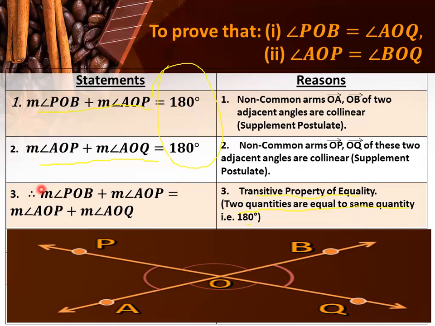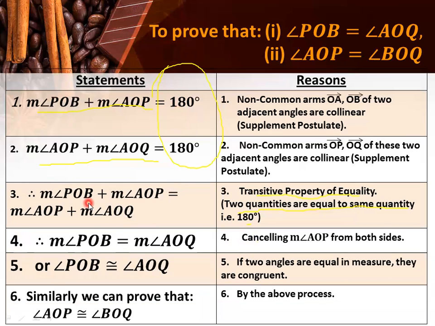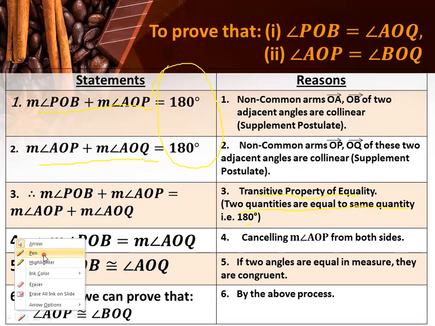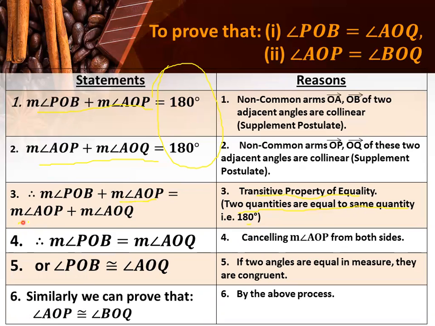Now, as you can see in this statement, let's consider this AOP and AOP. This is the left side of the equation and this is the right side of the equation. Now, if you move this one towards this side, it will get subtracted. So you will simply cancel them. What will be left here?